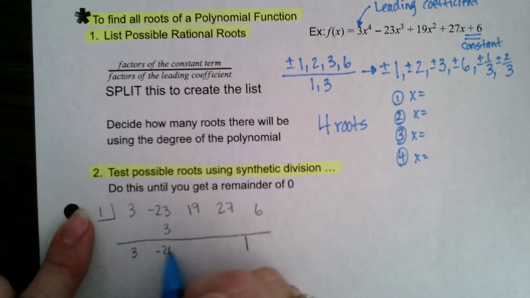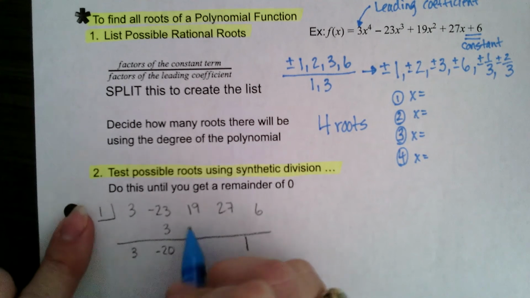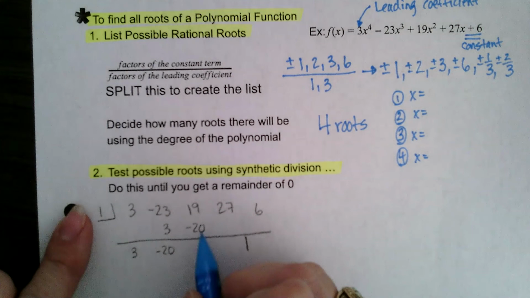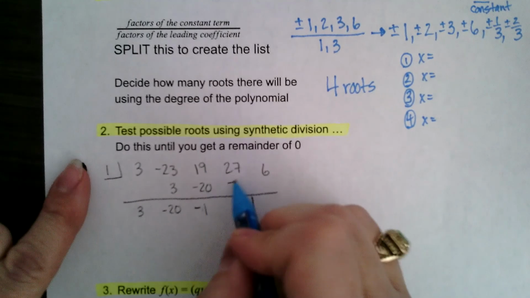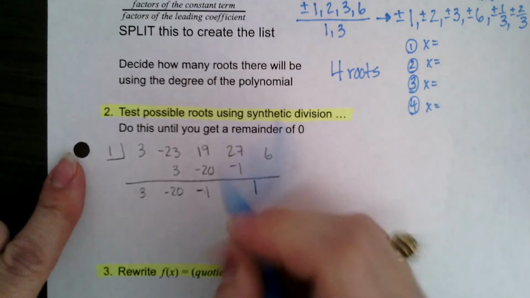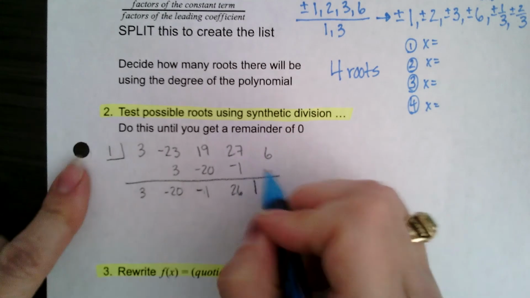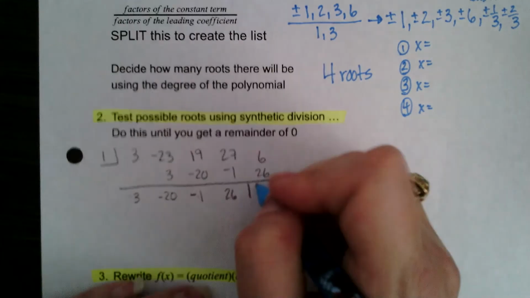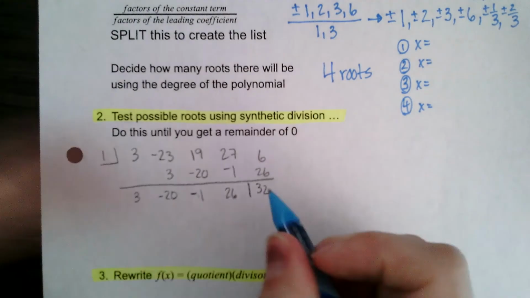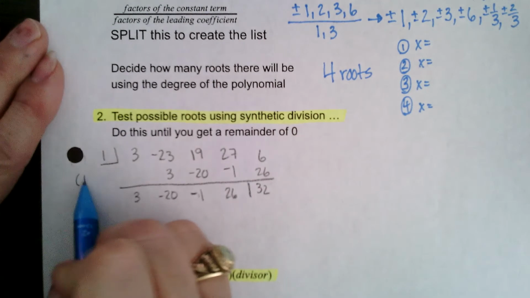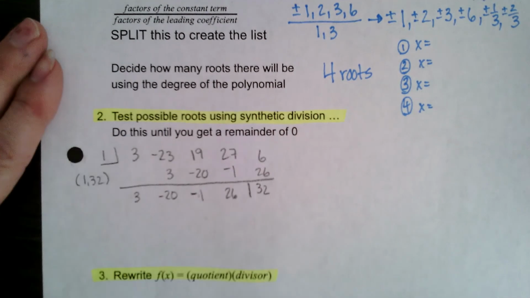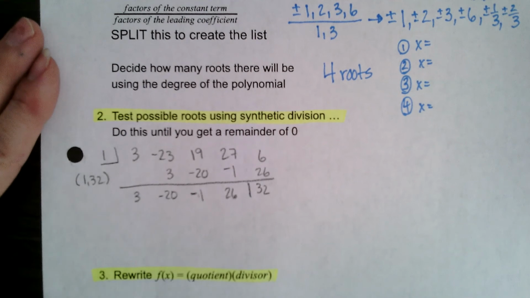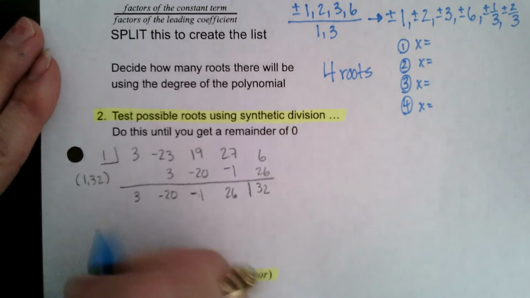Add, negative 20, multiply, negative 20, add, negative 1, multiply, negative 1, add 26, multiply 26. And if I add those, I get 32, which I guess is helpful. That tells me that I have an ordered pair (1, 32) on my graph, but it's not a root, so I have to go again. So I'll try 2.